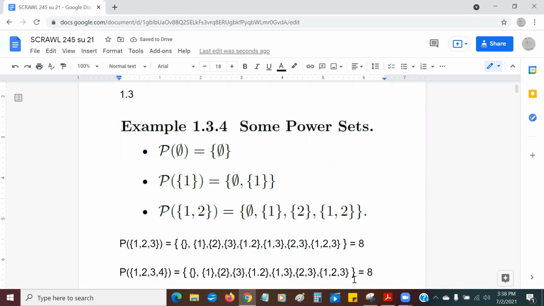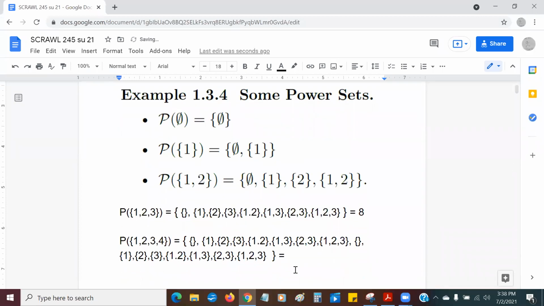I have all these 8 sets, right? Now what I'm going to do is copy these 8 little guys in there, and I'm going to add a 4 into each one.